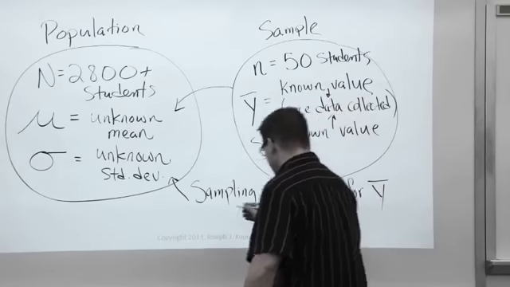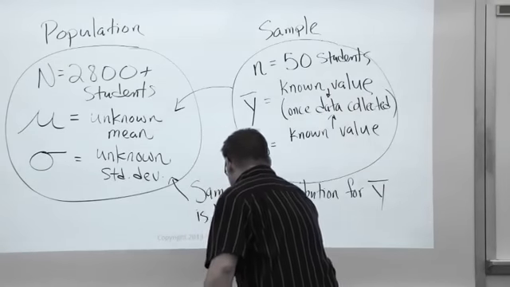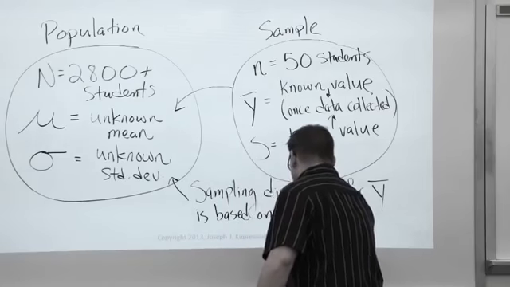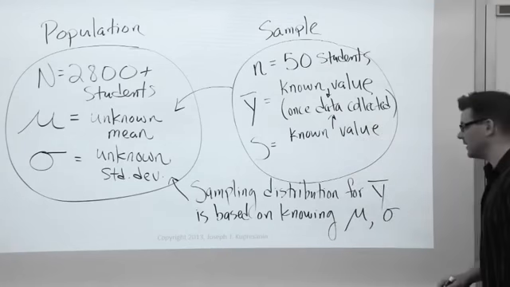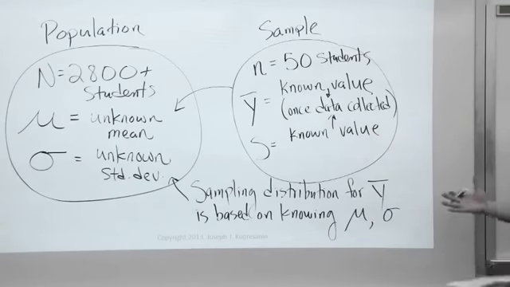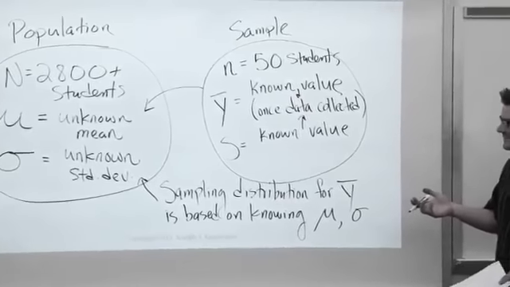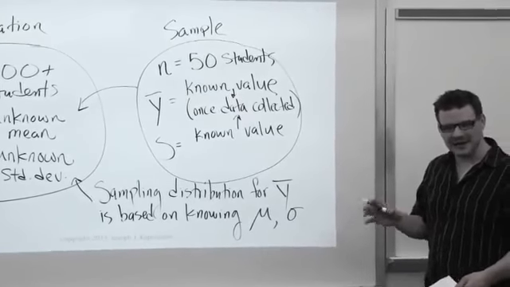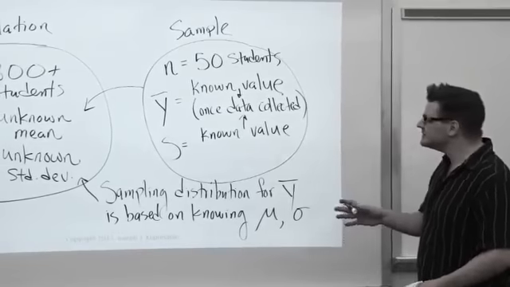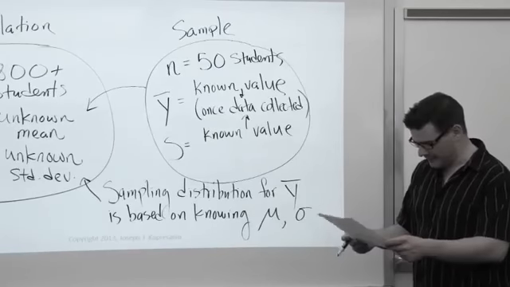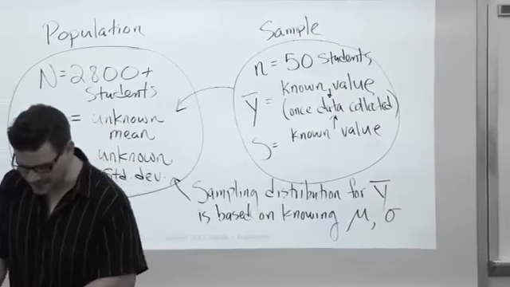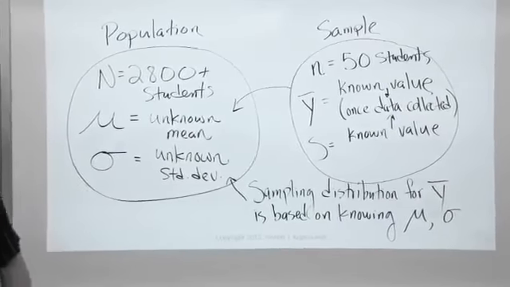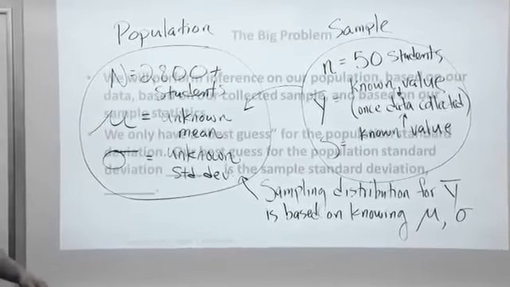The sampling distribution for Y bar is based on knowing mu and sigma. And so understand what's happening here, right? We built a theoretical model back in the last lesson, and we made a lot of assumptions. Now we're going to the real world here on the left-hand side. So if we flip the page, that's the big problem that we need to address.